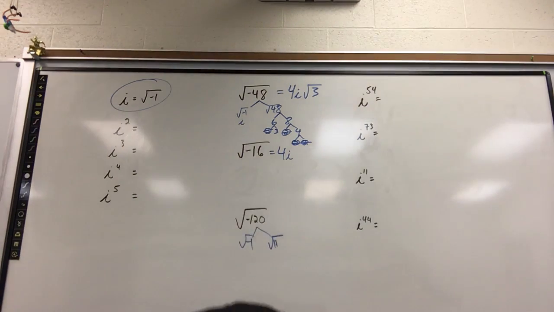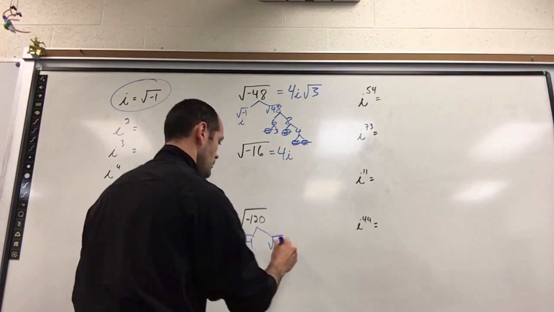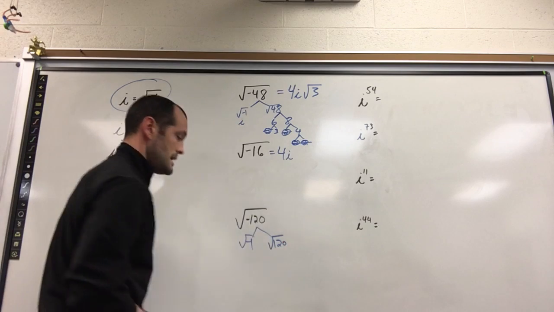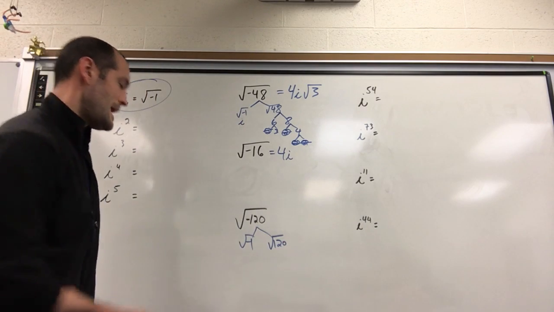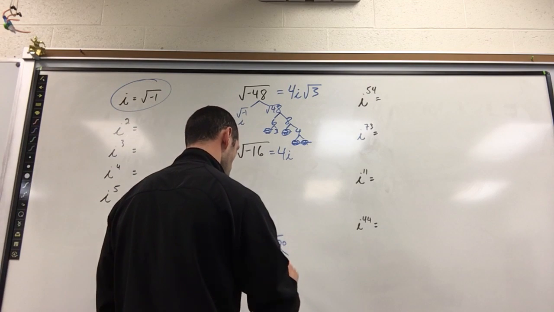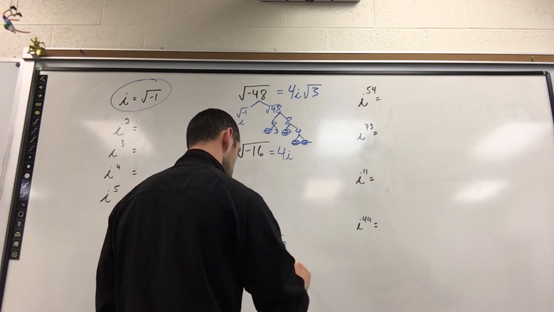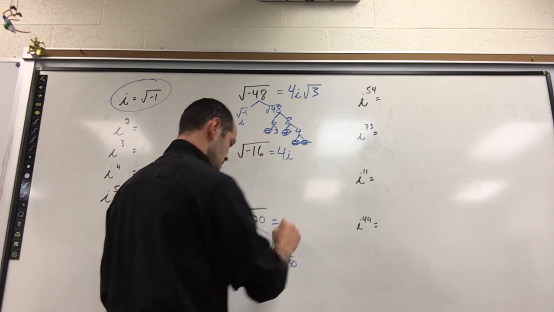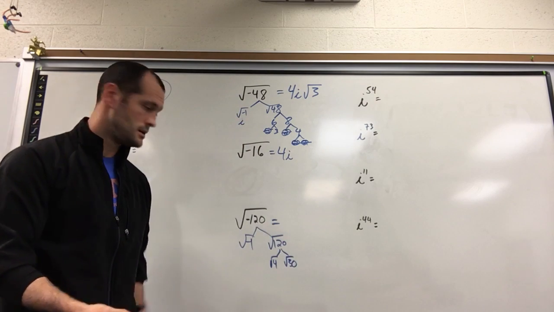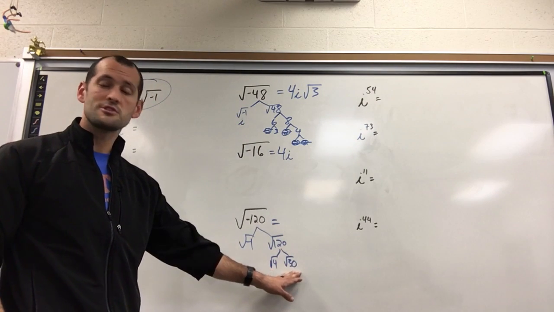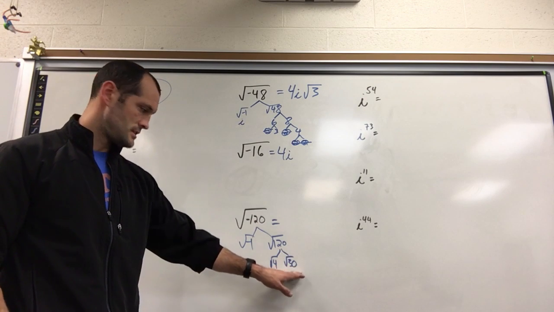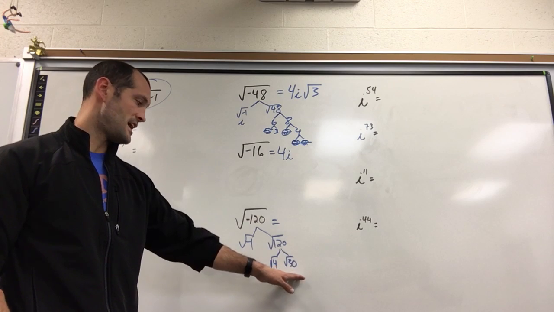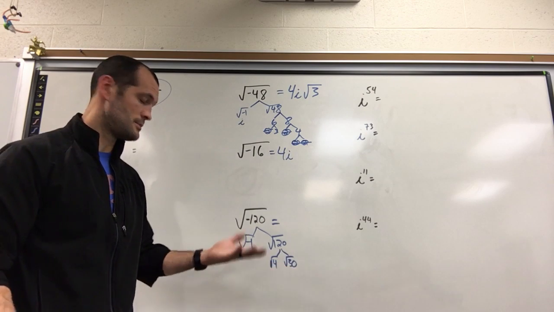Oh, drop the marker, pick it up, 120. Now, I'll show the perfect square method here. And you don't have to get it right the first time, but I would look for perfect squares. I know 4 goes into this. Well, what's the square root of 4? 2. Now, 30 has no perfect squares that go into it. There isn't a single perfect square that goes into 30. 10 times 3, 5 times 6, 2 times 15.